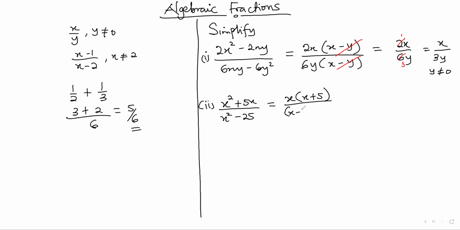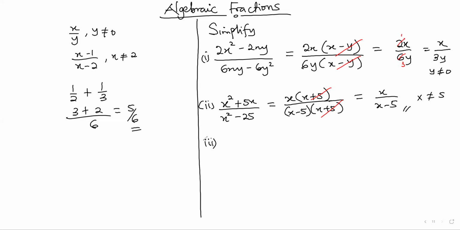So that will be x minus 5, x plus 5. Don't forget it. So x plus 5 will cancel each other. We'll be left with x divided by x minus 5, where x should not be equal to positive 5.